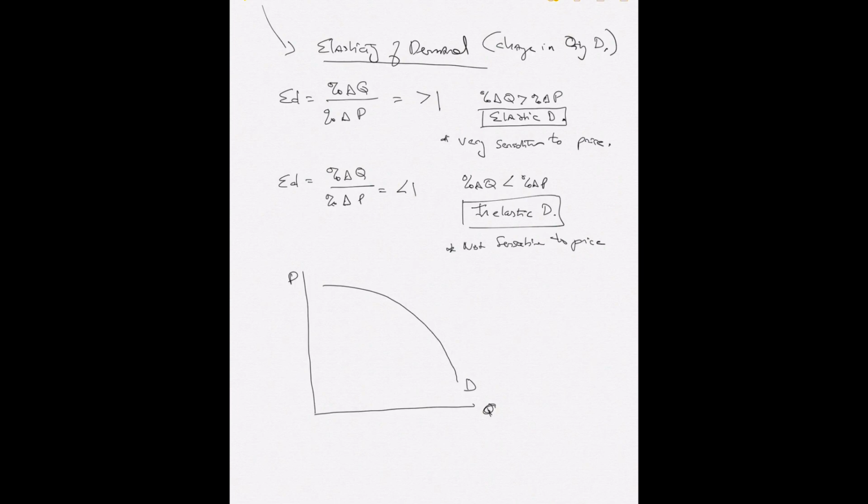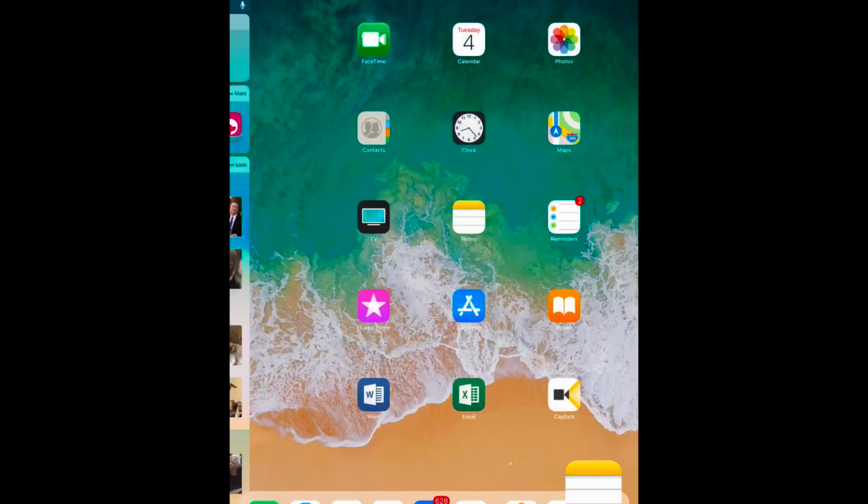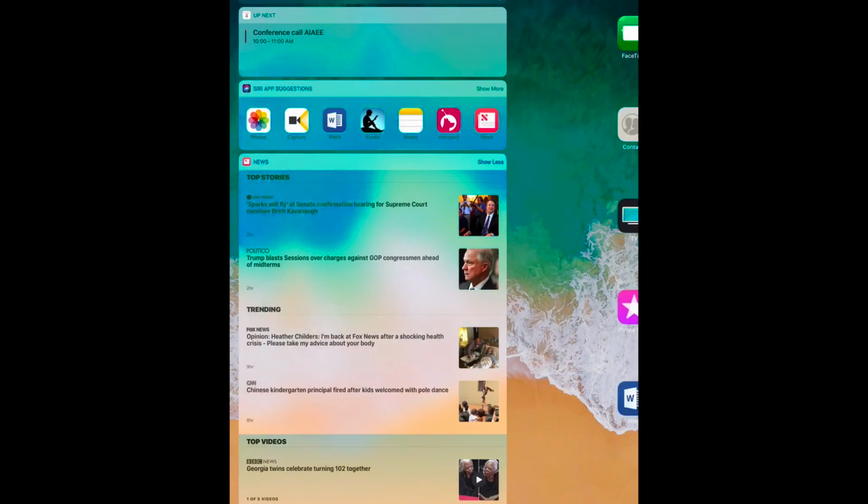Now, if we look at elasticity of demand, it is not really easy to follow because demand's usually not a straight line. Demand is usually more of a curved line such as this. So it really lets us know that this is kind of a midpoint in the market. You could all agree that this is a high price area up here, and this is a lower price area down here.